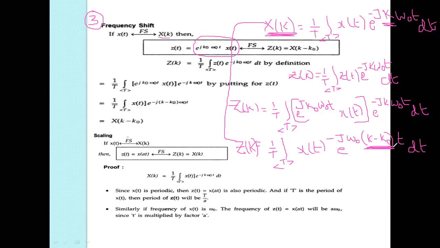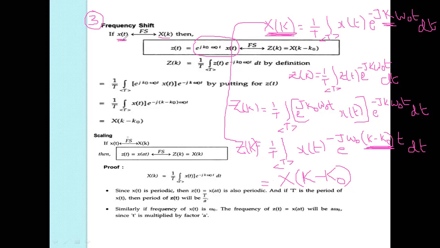So in the total equation, instead of k here, it is x of k, and now the right hand side becomes x of k minus k naught. The frequency, x of k is a frequency, x of t is a time.